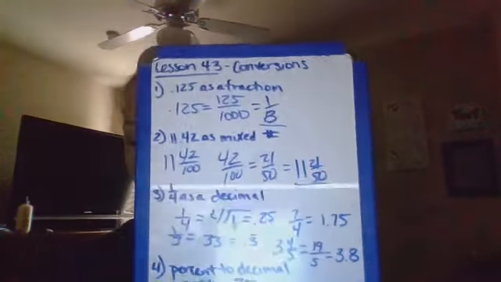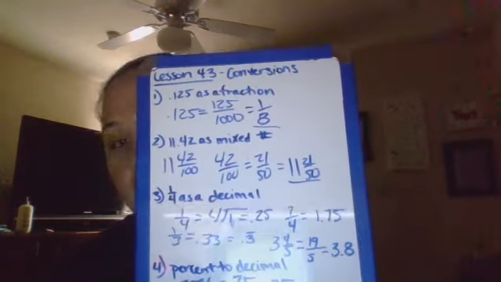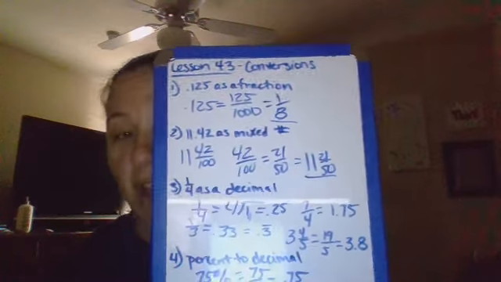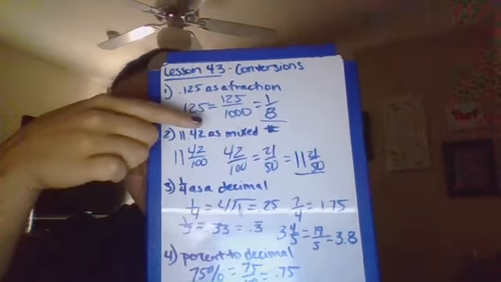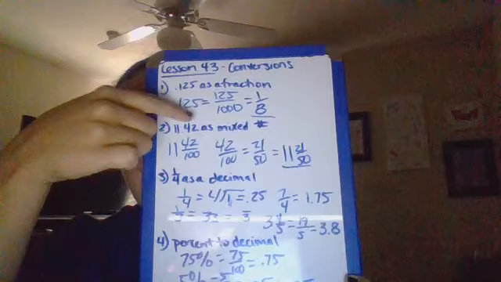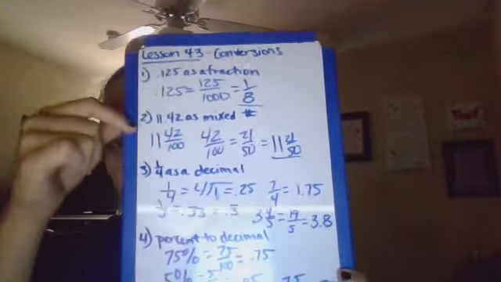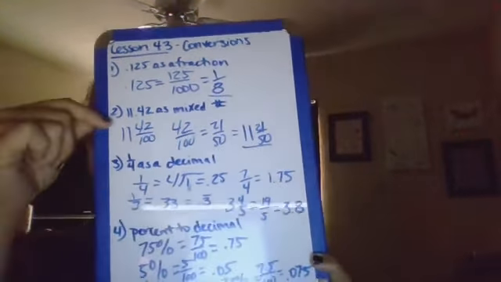All right, so just a review, if we write a decimal number as a fraction, we put it over its smallest number's place value. So we have the tenths, hundredths, thousandths. So this one went over 1,000, divided out and got our answer. If we had a decimal, we want to write it as a mixed number.